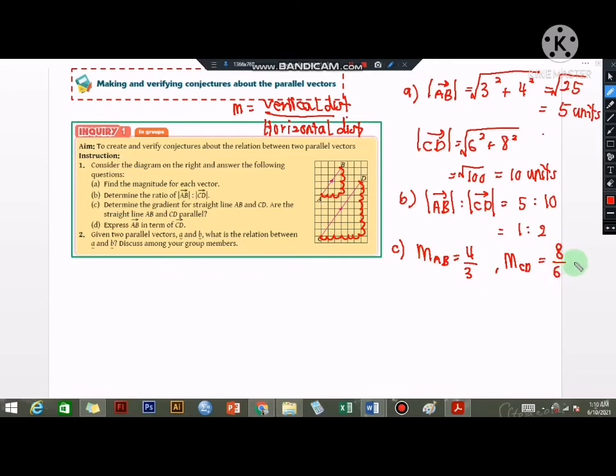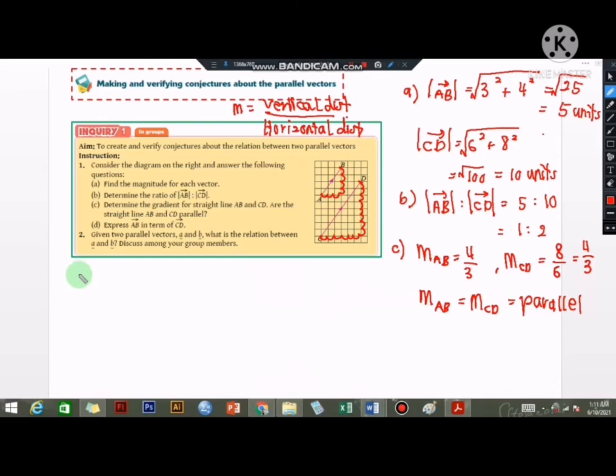So 6. We can simplify this one and we will get 4 over 3. So the question asks for C: are the straight lines AB and CD parallel? Since the gradient of AB and the gradient of CD are equal, it means that the straight lines AB and CD are parallel. So gradient AB equals gradient CD, so it means that it is parallel. We are done already for C.